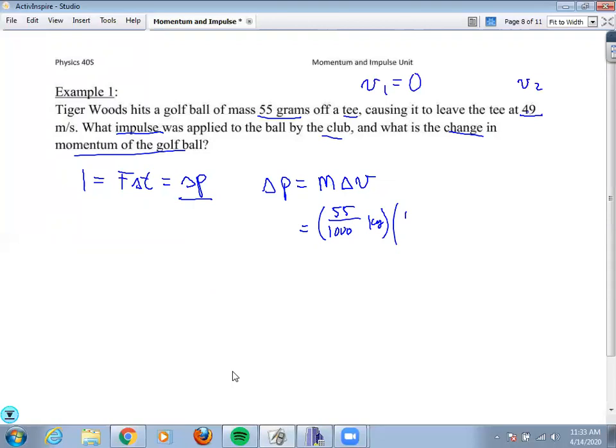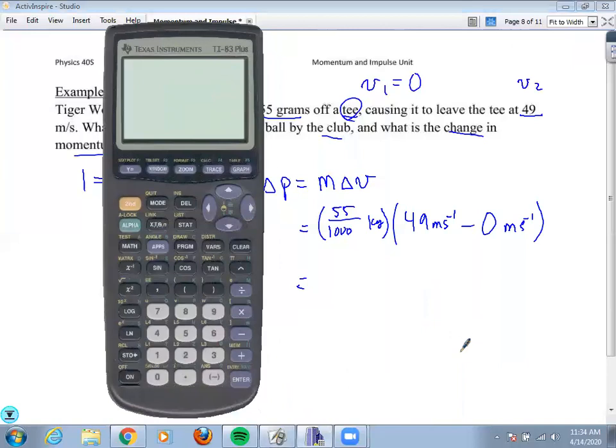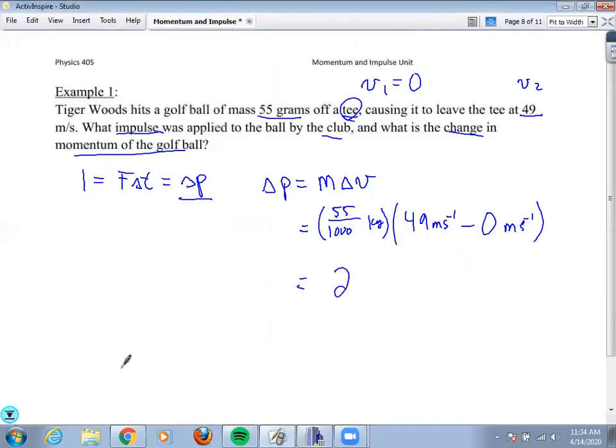So delta V is V2, 49 meters per second, minus 0 meters per second, because we're assuming the golf ball on the tee is at rest. So when we solve here, 55 divided by 1,000 and multiply it by 49, you get 2.695 kilogram meters per second.